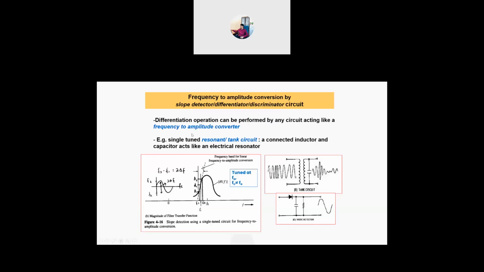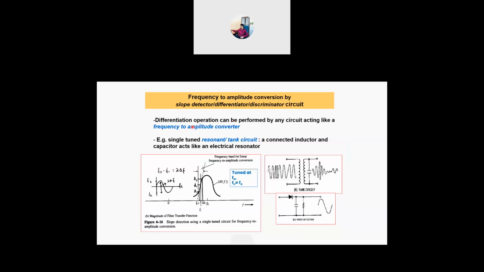Okay, let me enable the laser pointer. Differentiation operation can be performed by any circuit acting like a frequency to amplitude converter. The conversion is done by a slope detector, differentiator, or discriminator circuits.